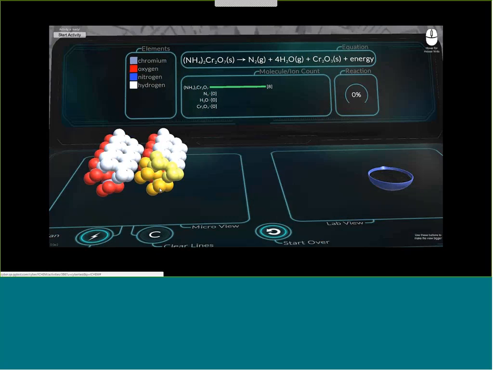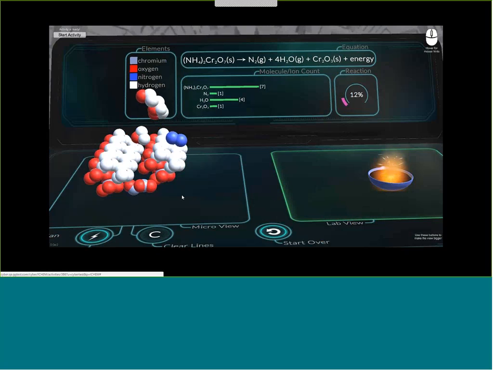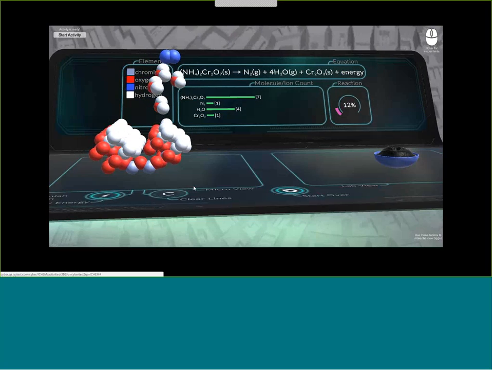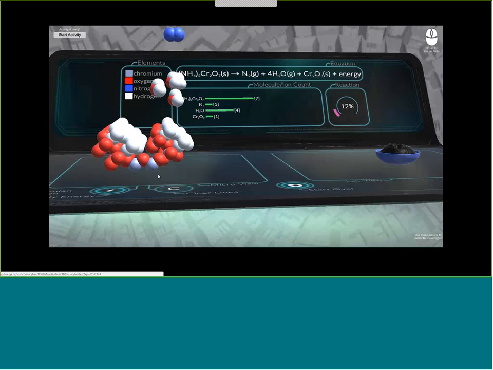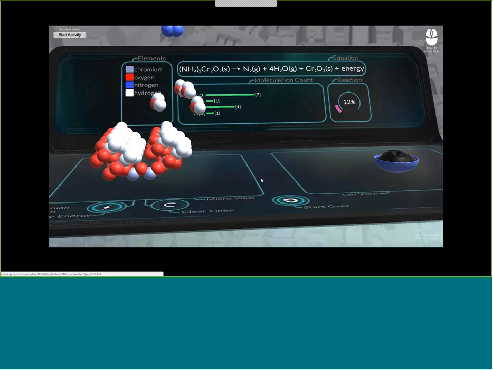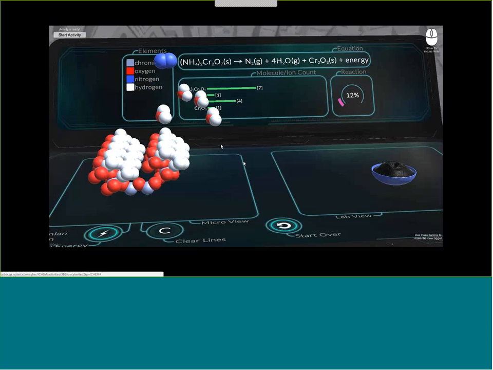So if a student then clicks on our starting molecule, they can watch the reaction, and we see that we get 1 nitrogen molecule, 1, 2, 3, 4 water molecules, and 1 chromium-3 oxide molecule, which is a solid and dropped to the floor of the laptop.